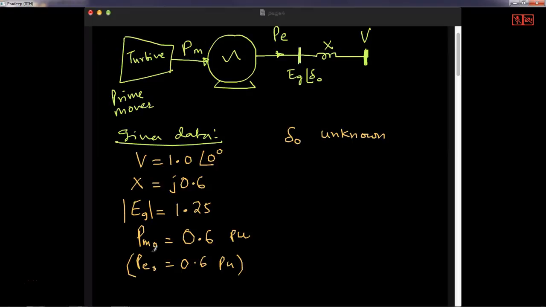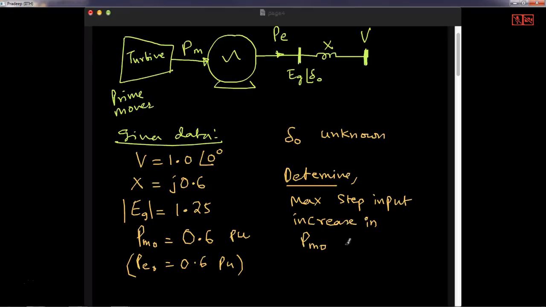Now I want to go for step increase of PM naught. So determine the maximum step increase in PM naught allowed such that stability is maintained.